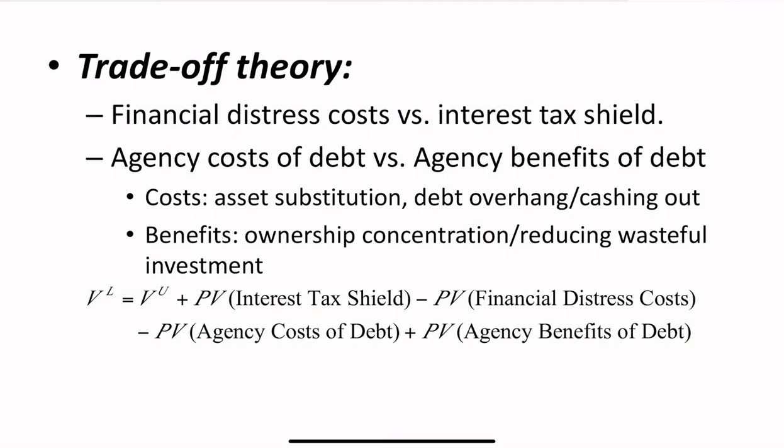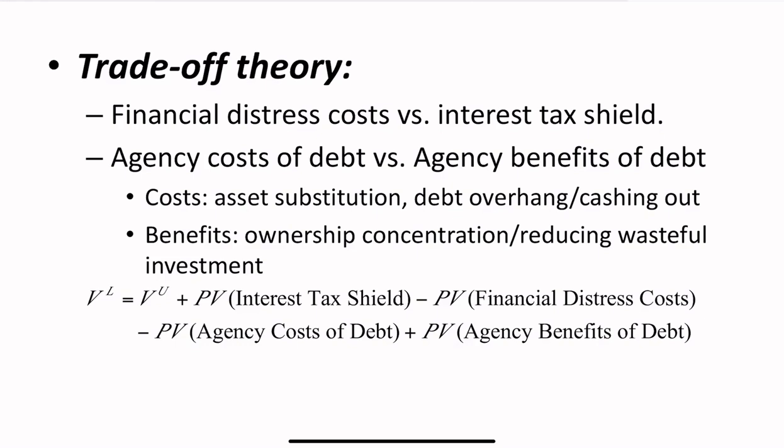And then we also discussed the agency benefits. There are basically two benefits here. The first is ownership concentration. The idea is if you're the owner of this firm, you can finance your projects with either debt or equity. If you finance it using debt, then the ownership will be 100% concentrated.